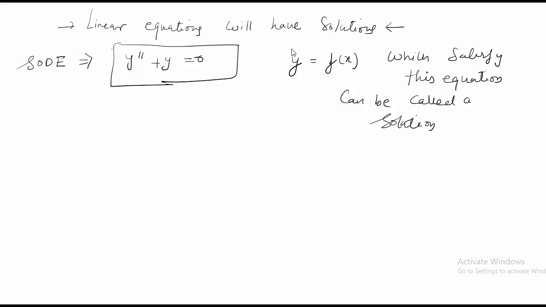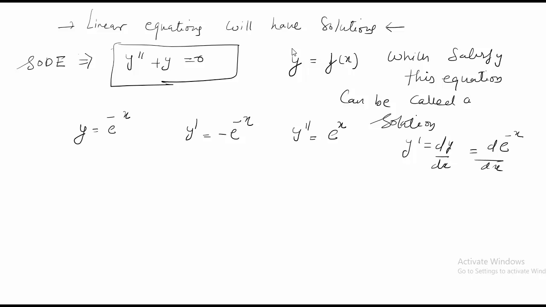So if I have this equation and I take y is equal to e raised to minus x, then my y dash is equal to minus e raised to minus x, and my y double dash is equal to e raised to minus x. Here y dash is d by dx of e raised to minus x, which is differentiating once, and y double dash is differentiating it 2 times.